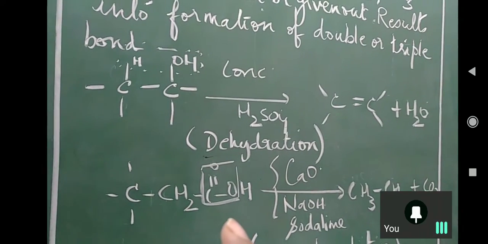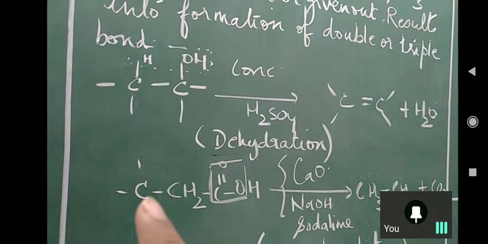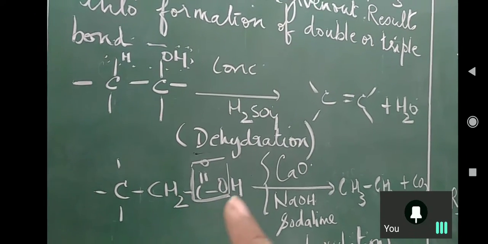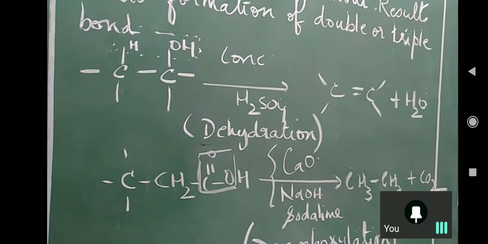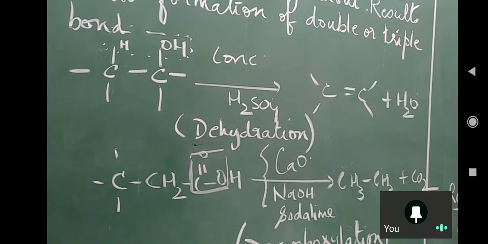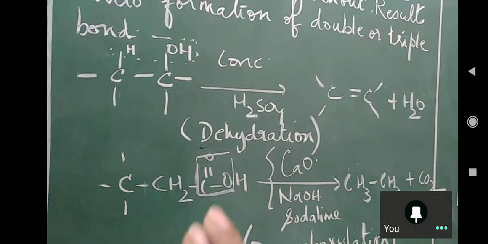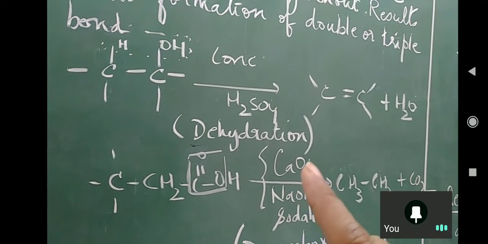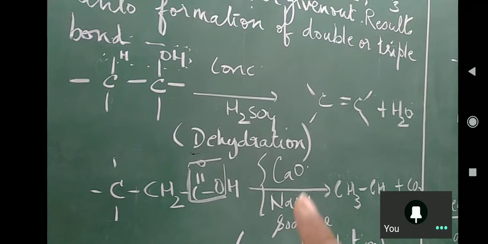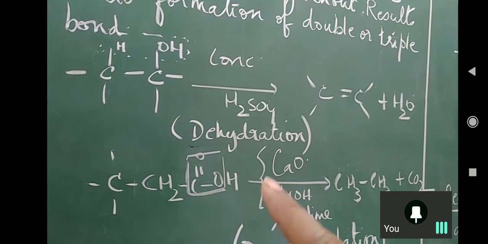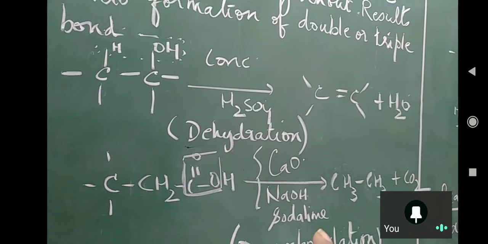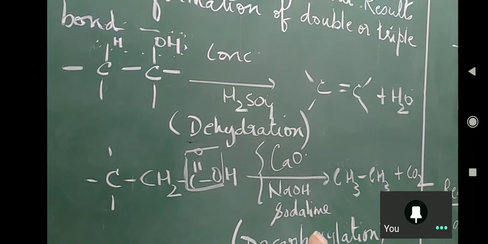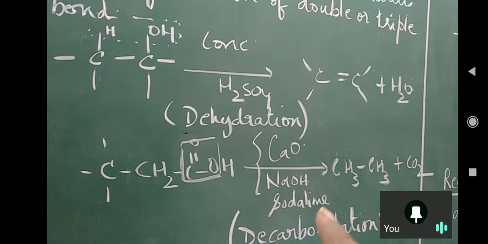Now look at this one. This is CH3CH2C double bond O OH. It is an acid. What is the name of this acid? We have propanoic acid here. Then we use a reagent, calcium oxide and NaOH, and together this mixture is known as soda lime.